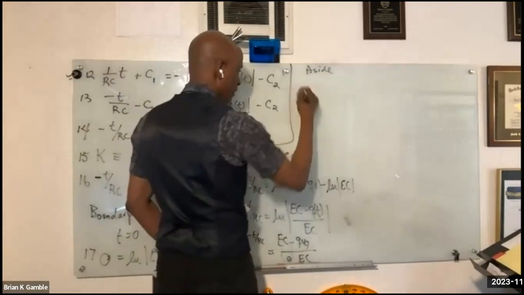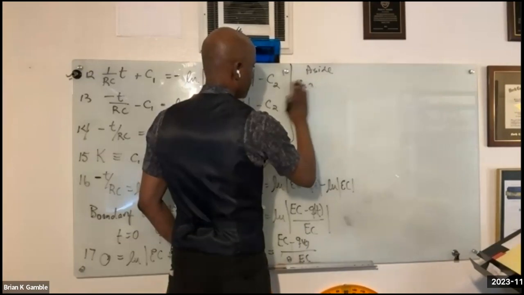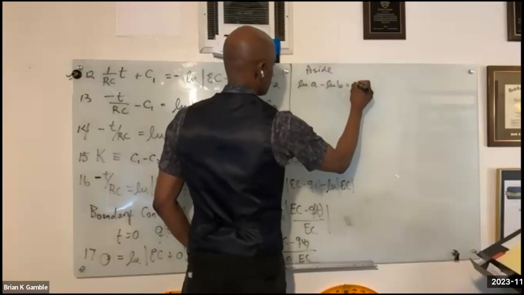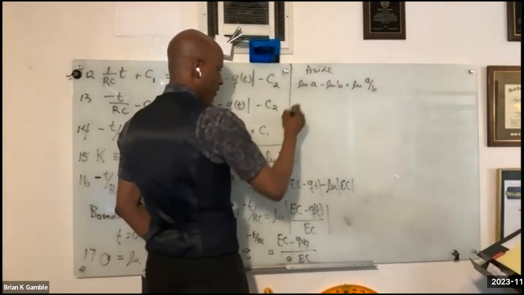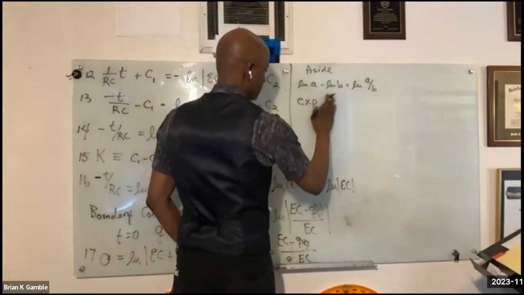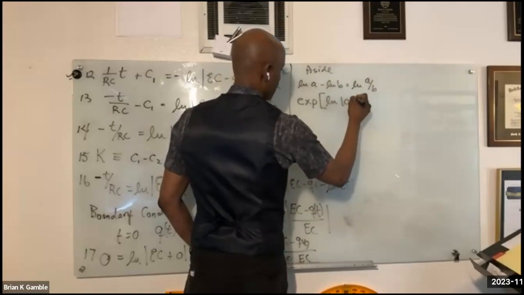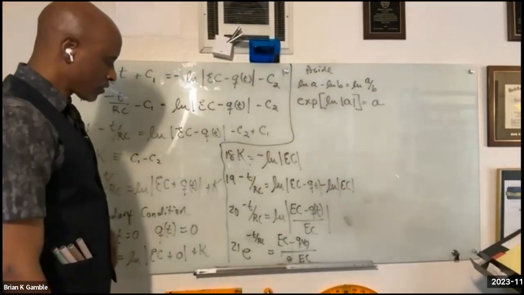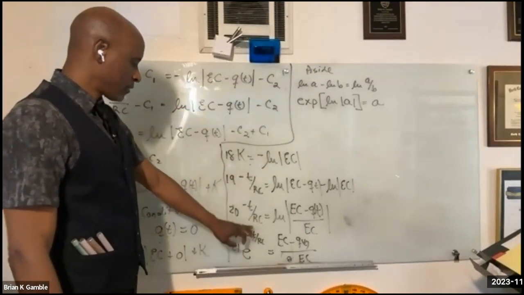This guy from here to here is that log A minus log B is equal to log A over B. And the exponent of the log of A just equals A. So I've applied this guy between 19 and 20, and this guy between 20 and 21.